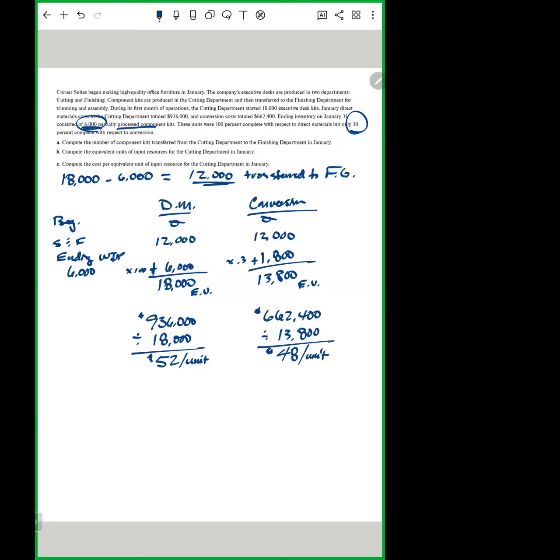on the conversion side. If we were wanting to combine these together and look at total cost for equivalent units out of the cutting department, I guess this would just be for the cost of just, I was thinking of it just from the WIP perspective.